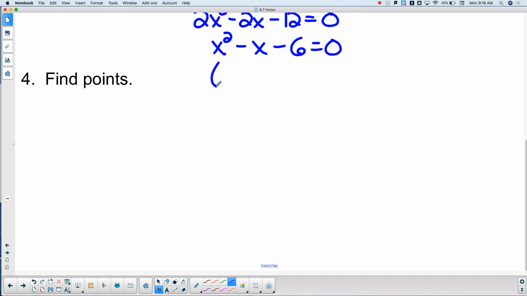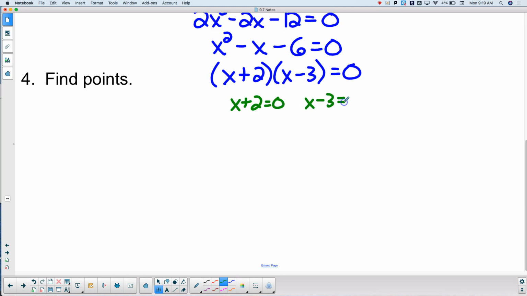I would go with positive 2 and negative 3. So that means I have to set those equal to 0, right? Zero product rule. So then I get x is equal to negative 2 and x is equal to 3.